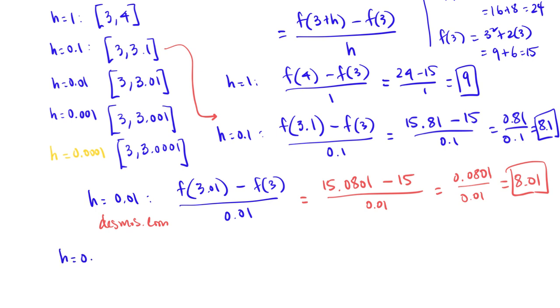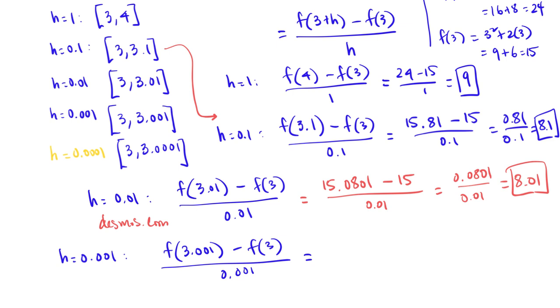For h equals 0.001, the rate of change is f of 3.001 minus f of 3 over 0.001. Use the correct increment in the denominator.